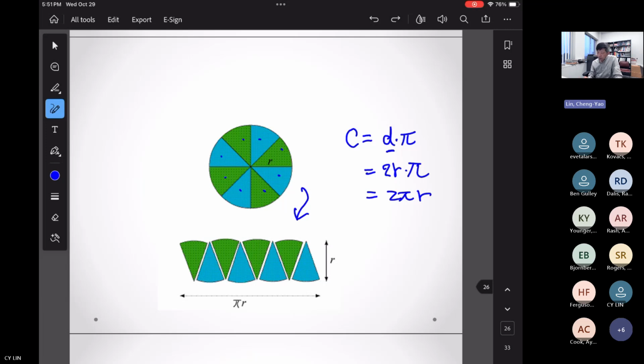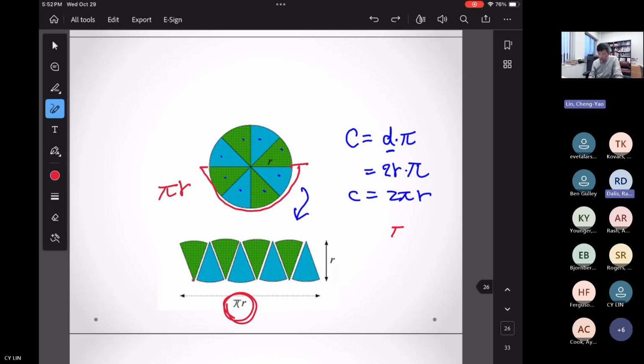Now, the circumference is equal to 2 pi r, and therefore if we have a half of this, which is equal to pi r, are you with me for this? That's why underneath we have a pi r.